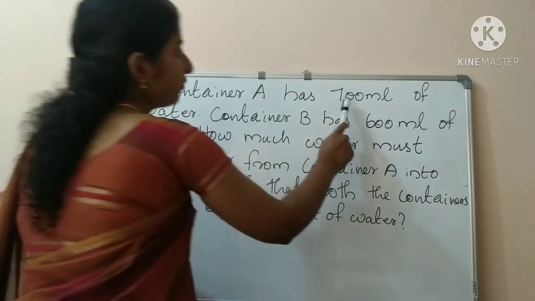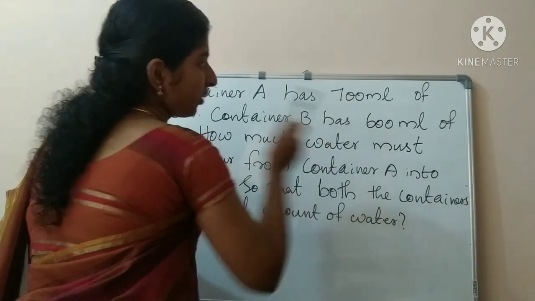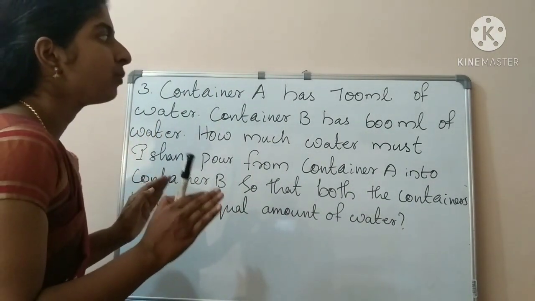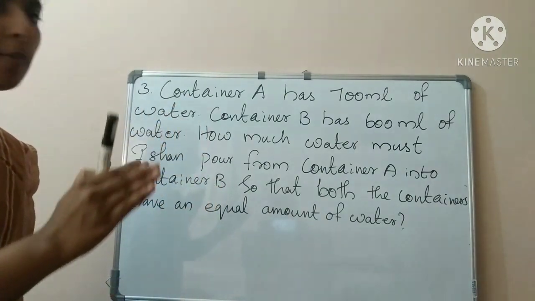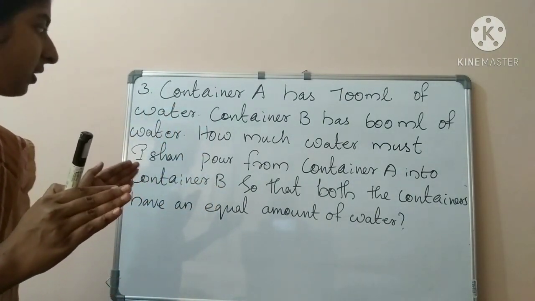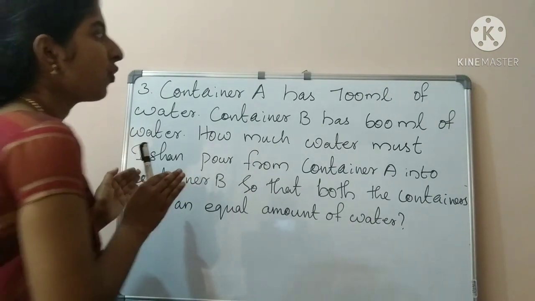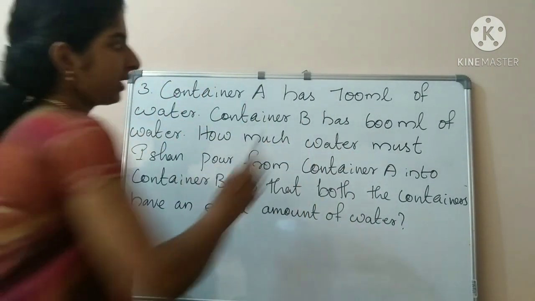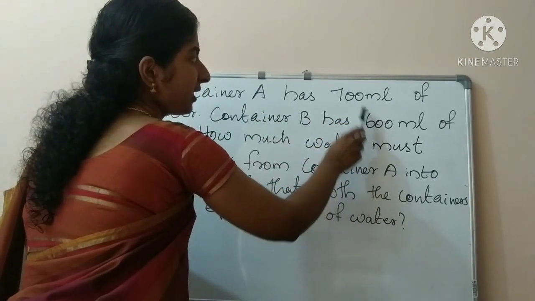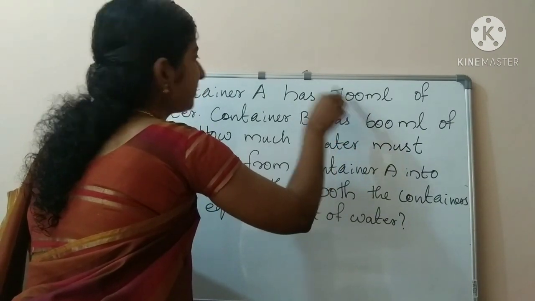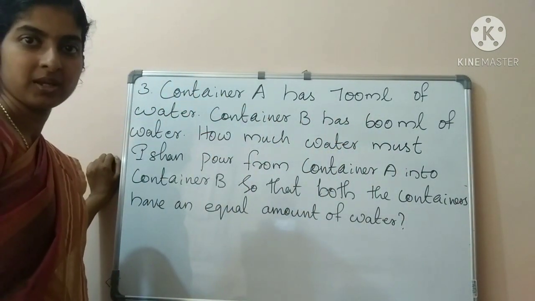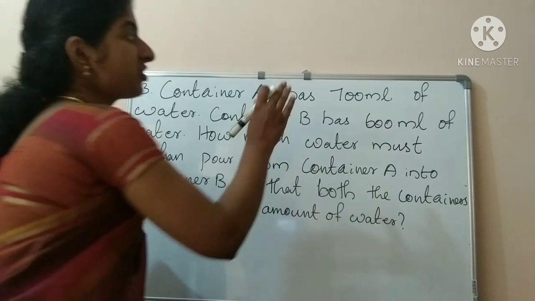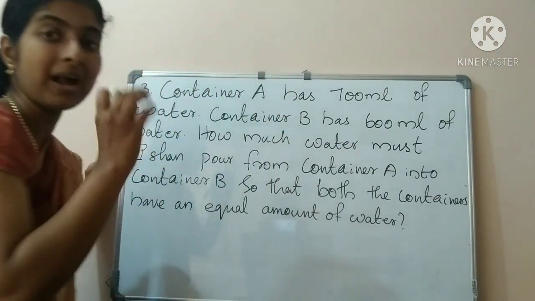Here, first one has 700 milliliter and second one has 600 milliliters. If we want both the containers to have the same amount of water, how many milliliter of water should be poured from A into B? Here 700, here 600. 100 milliliter water is more in container A. So we share that 100 milliliter.